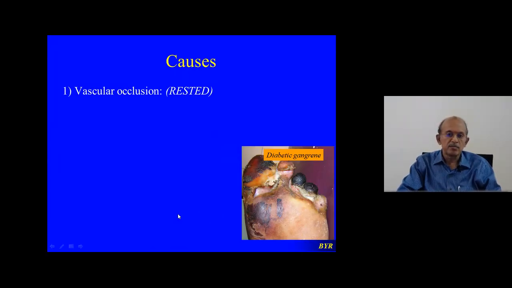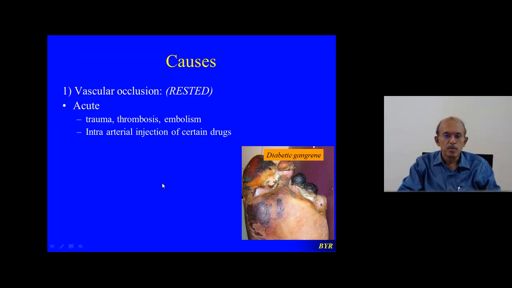What are the causes? Vascular occlusion. Already we have studied vascular occlusion. They are classified into acute and chronic. Acute: trauma, thrombosis, embolism, intra-arterial injection of certain drugs.